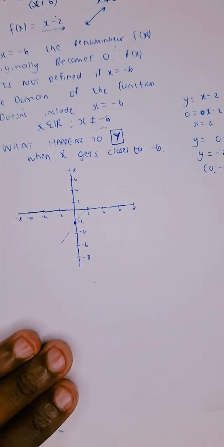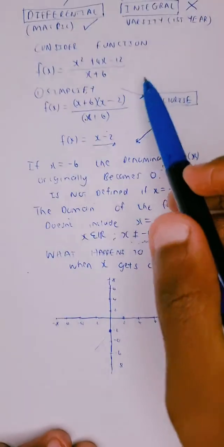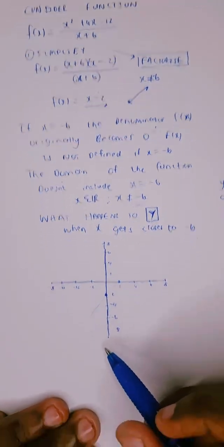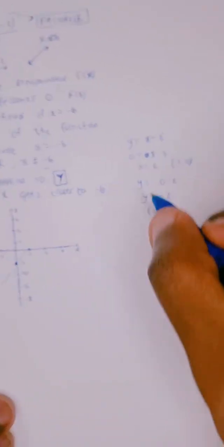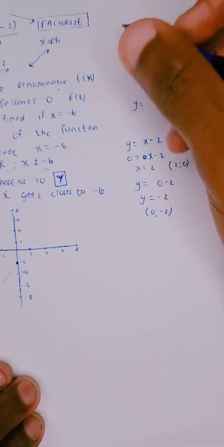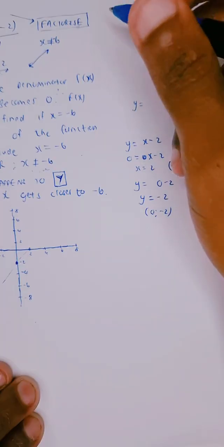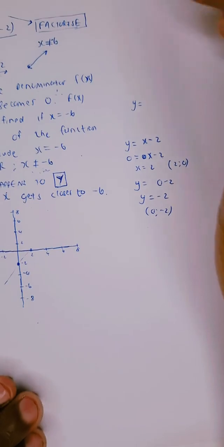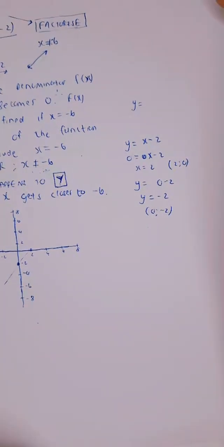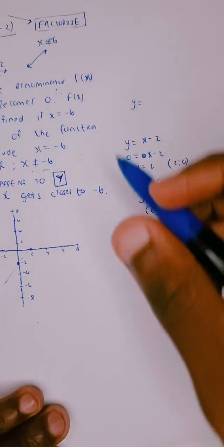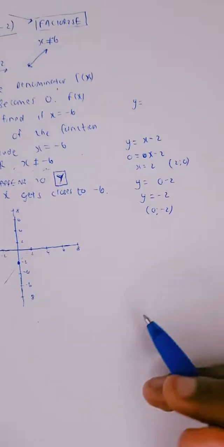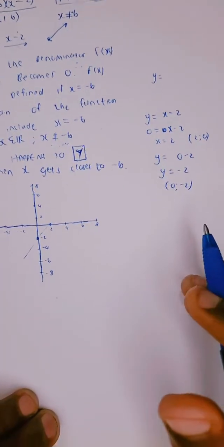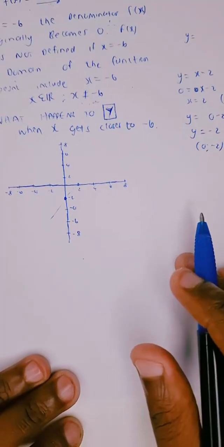But let us take careful note. We learned here that x cannot be negative 6. So we need to take note that when x is equal to negative 6, where does the function approach as x gets closer and closer to negative 6? For y, what value of y does it approach?